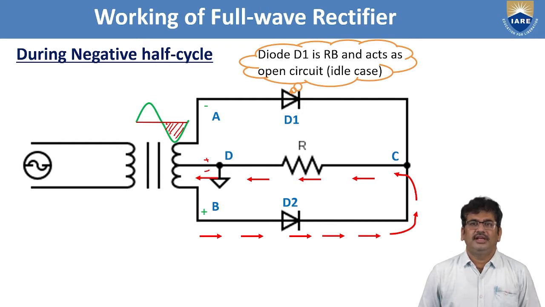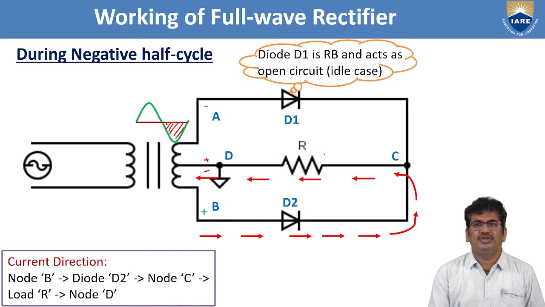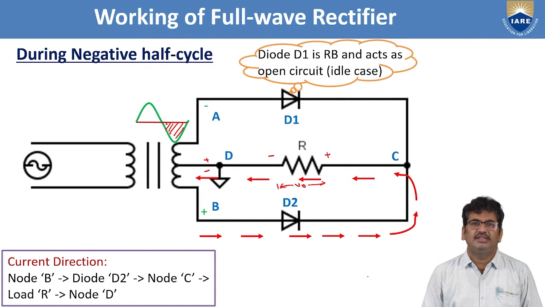Here, as the current is entering at node C and leaving at node D for resistance R, it is going to leave positive on node C and negative on node D, and we are taking the voltage across the resistance R. In this manner, C is the measuring node and D is the reference node.